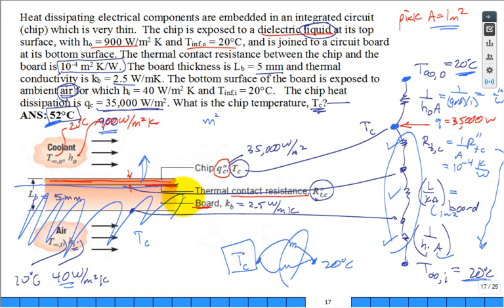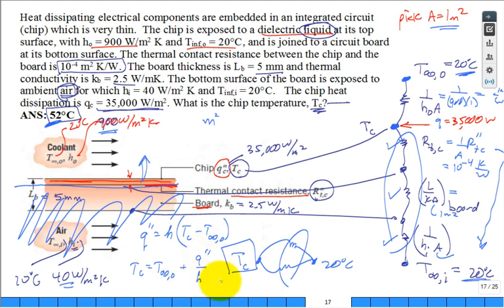And it would be a little higher, and our equation would be something like this. Let me clean it up. We'd have that q double prime is equal to h times the temperature of the chip minus the temperature of the fluid at the top. So the temperature of the chip is equal to the temperature of the fluid at the top plus q double prime divided by h.